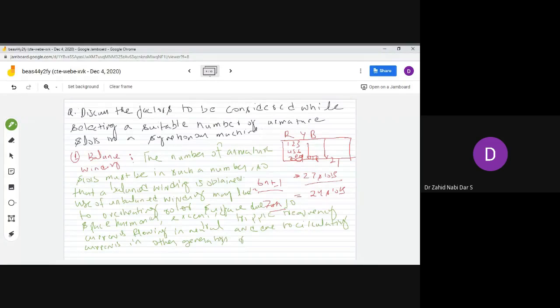So this is one important phenomenon that we require: the balance of winding.